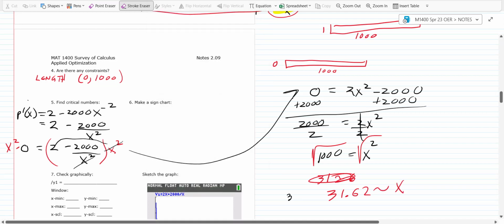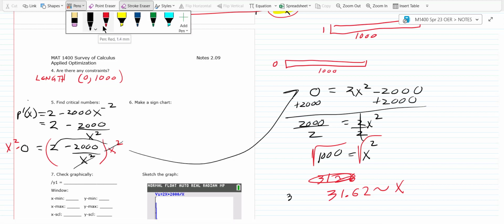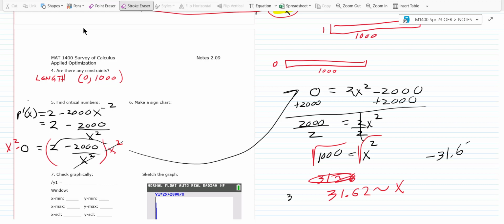So that's our critical number right there. Technically, negative 31.62, because you're used to doing plus or minus, doesn't make any sense in the context of the problem, because a rectangle is not going to have negative sides. So that's why I did that.